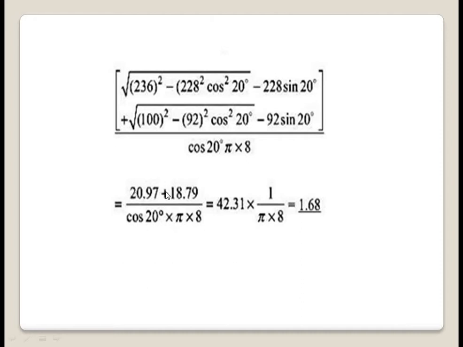If you divide this path of contact by cos of 20, you get the arc of contact. Divided by the circular pitch, that is pi into m, you get the value 1.68. This is nothing but the contact ratio, n.